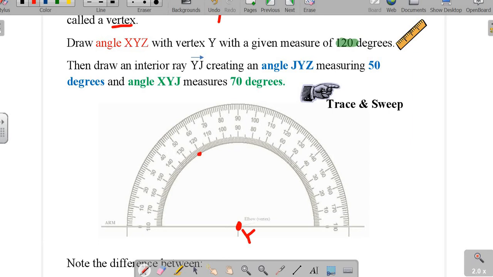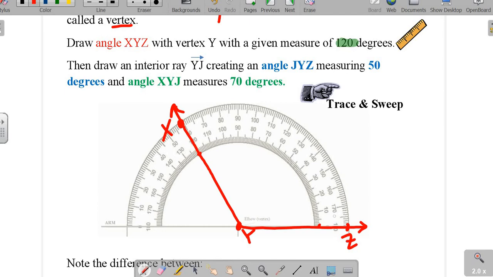We're going to go here at 120, starting at 0. Now, it doesn't matter where X or Z is. What does matter is Y has to be the middle.